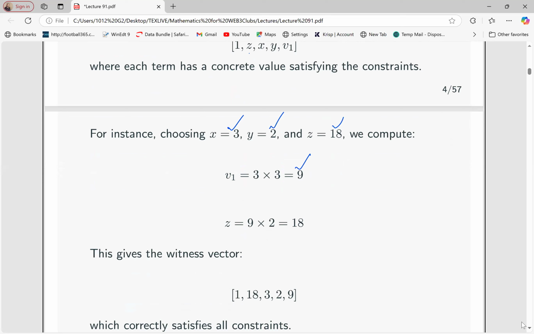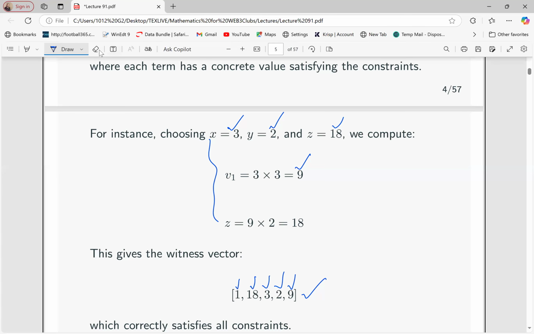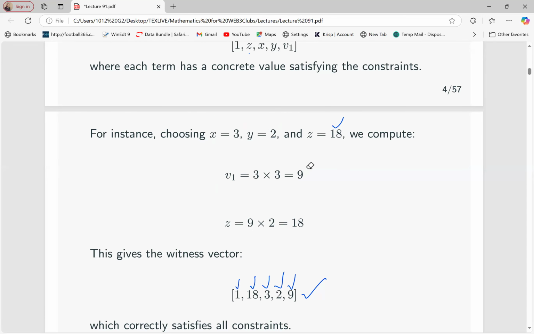So if this is what he has given me, then the witness is this, because he has told me there's a 1, then there's a Z, an X, a Y, then this intermediate value, V1. So this now becomes a witness. Now, if you ask him again, he randomly generates other values and gives you these other values, and again, that is the witness.